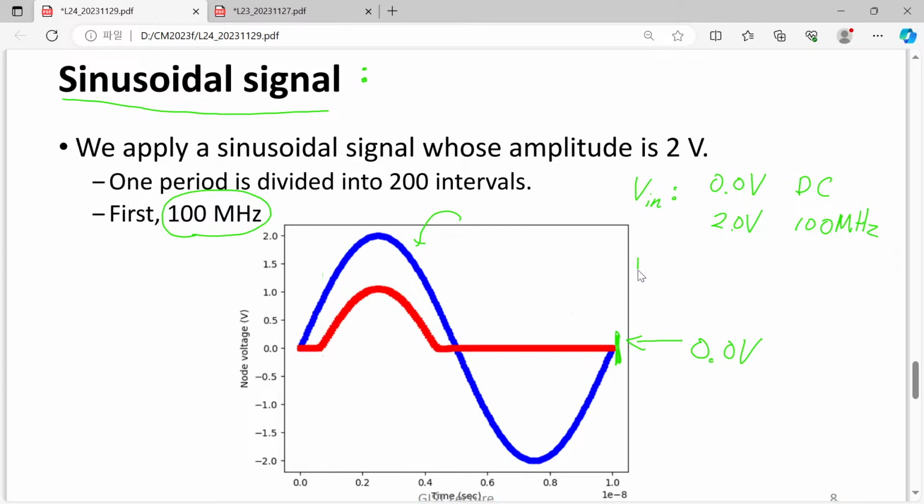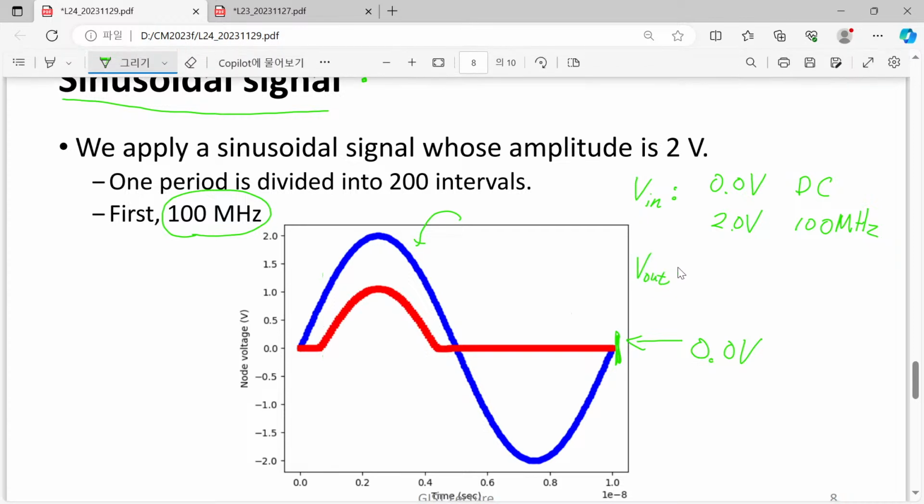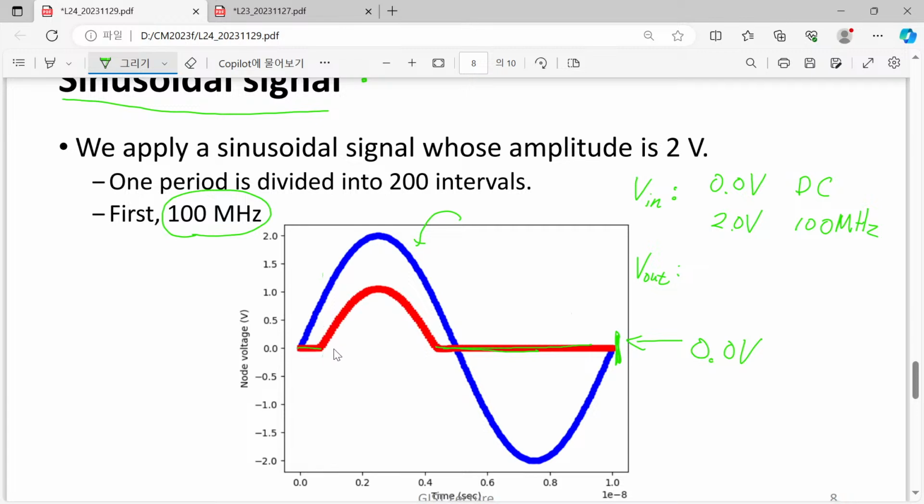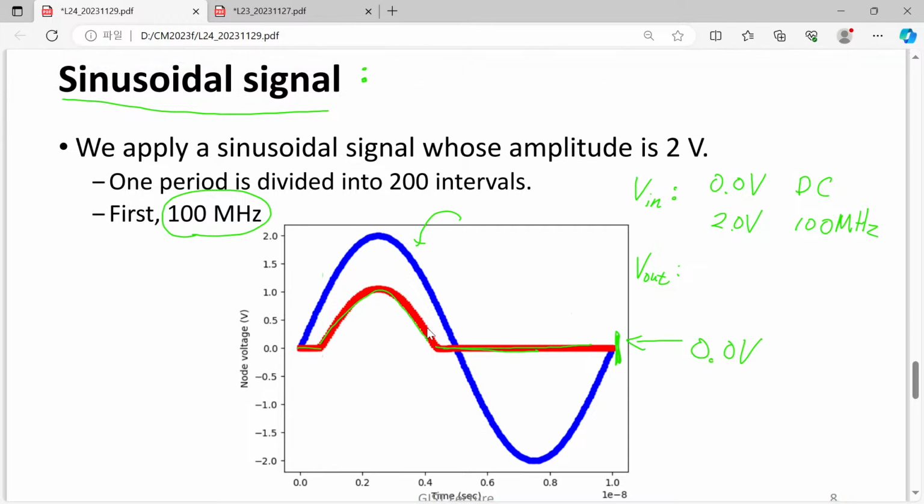Then let's have a look at the output voltage. Here, what is the average? Is it still 0? No. In this case, we have 0 and 0, and in this part we have a positive number.